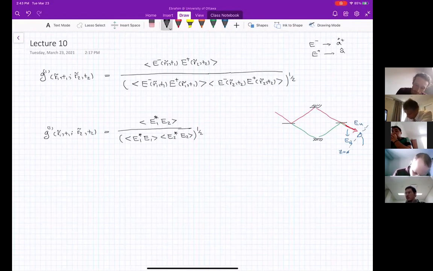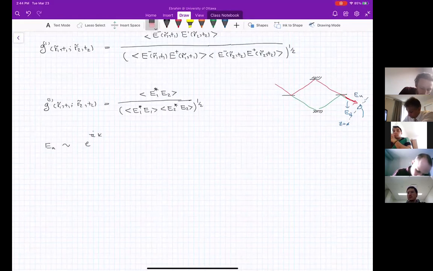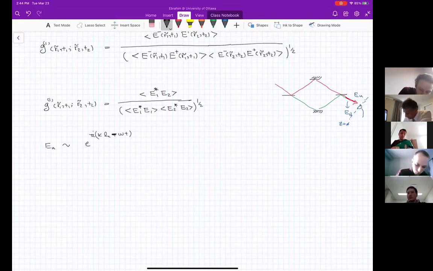So the field that passes through the up path is given by E to the power of i, k L up plus omega t, where k is along the propagation direction. And the field going from the down is given by E to the power of i, k L down minus omega t.